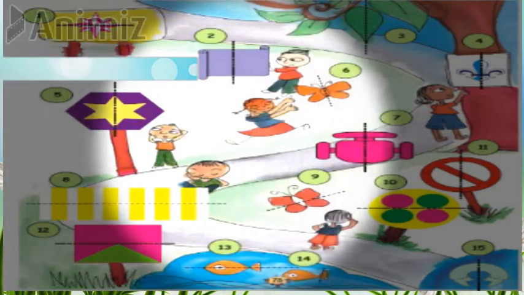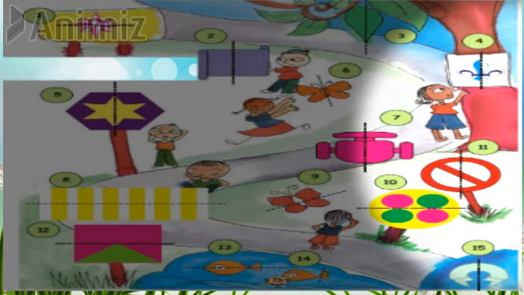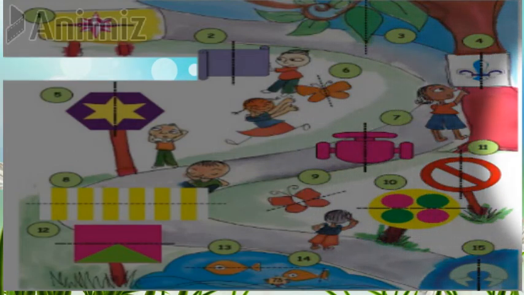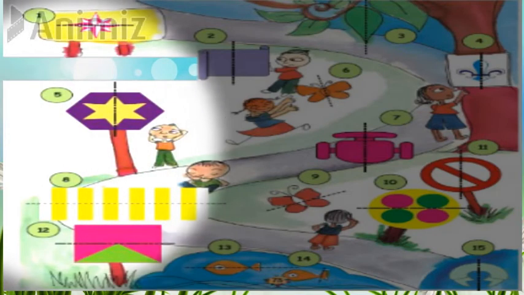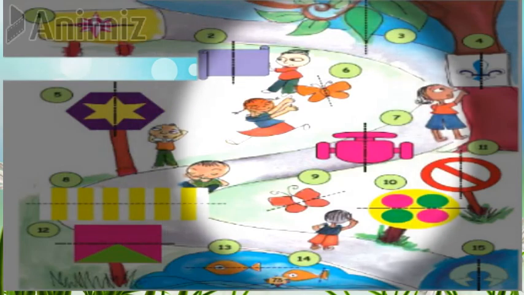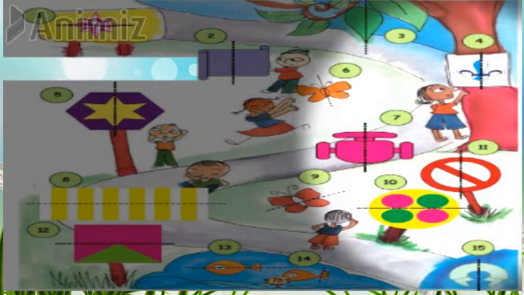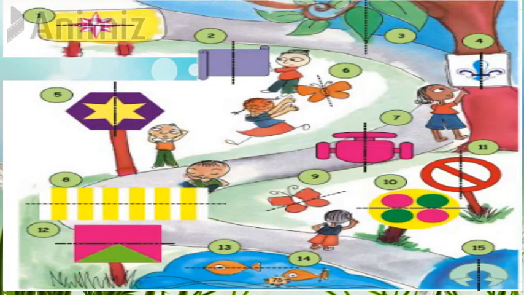Now this is page 73 of your textbook. If you see, amongst the 15 figures in it, you will find there are only a few figures that are symmetrical, that you can pause the video and find out. As per me, yes, you are right.